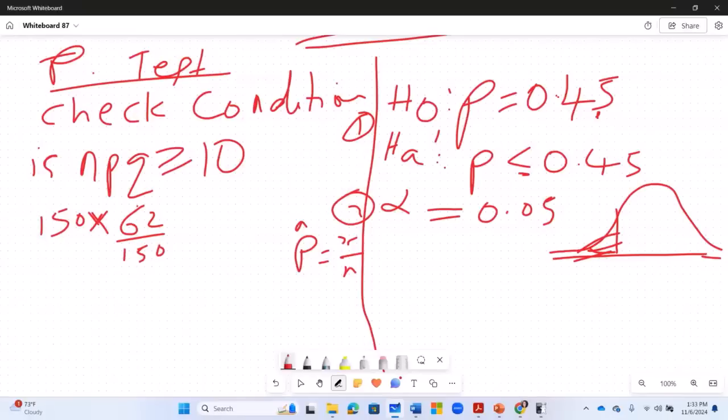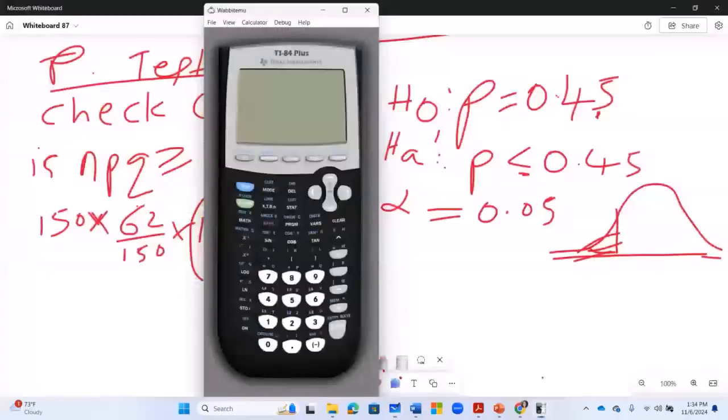And if P is 62 over 150, then Q is 1 minus 62 over 150. I can quickly calculate 62 over 150 so that I know the complement Q. So I'm going to get my calculator and calculate the value of P. What is 62 divided by 150?